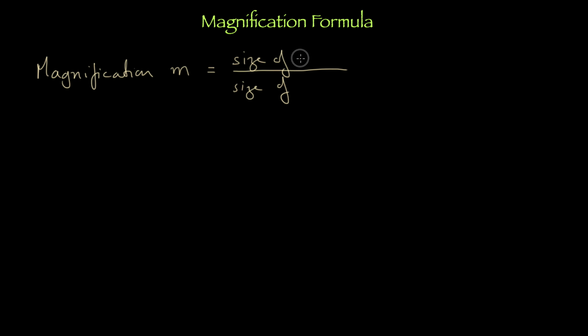Okay, magnification. So let me write it over here. Magnification will be represented with the letter M. And it would be a ratio of size of what do you want me to put on top? Size of image divided by size of object.